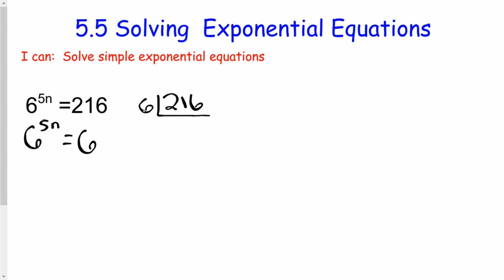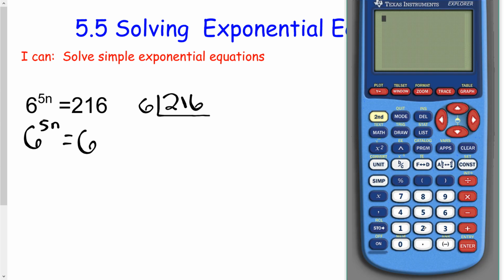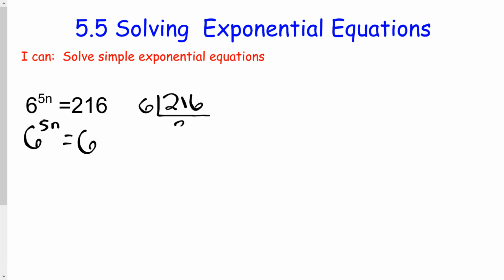And I want my base to be 6, so I'm going to take 216 divided by 6. 216 divided by 6 is 36. Divide that by 6. 36 divided by 6 is 6. So what I'm left with here is 1, 2, 3 6s. So 6 to the power of 3.